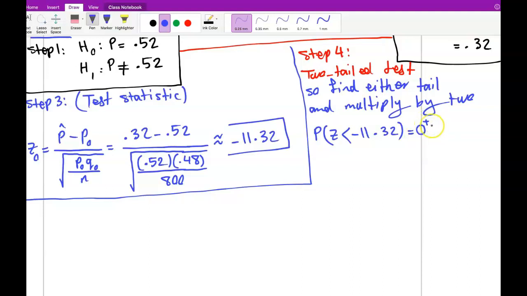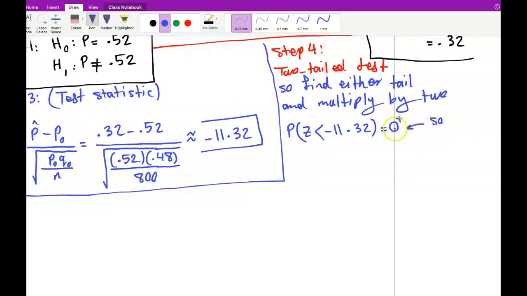Why am I using that 0 plus? Because this number is so small, so close to 0. How do I know that this is equal to a small number?